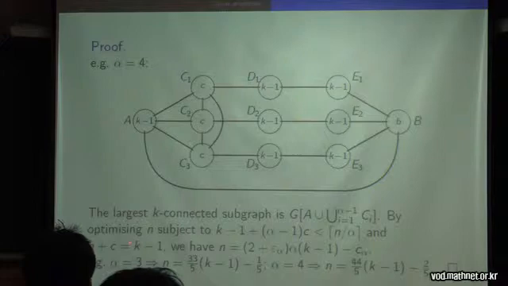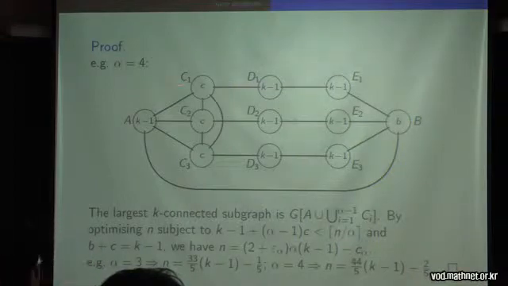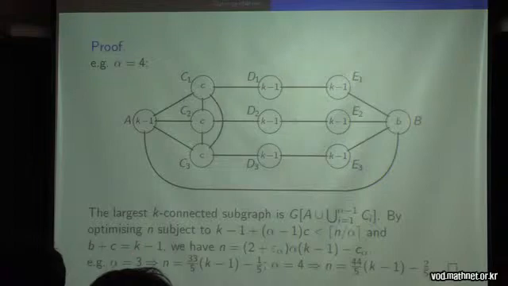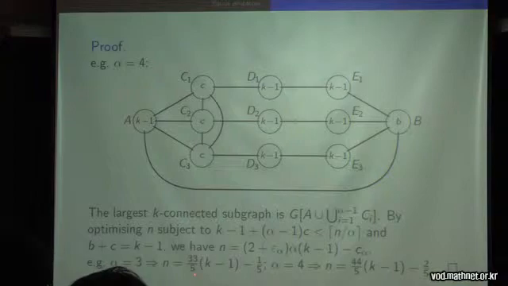So we need this condition here. And also the biggest k connected subgraph is this clique over here. So we need to optimize subject to this thing less than n over alpha. So this here is the sum of all of these. And then do a bit of optimization, and we find out that n comes to this expression for some constant c alpha. So for example, if we have 3 and 4, we end up with 6.6 and 8.8. So a little bit between 6 and 8. So 2 times 3, 2 times 4, respectively.